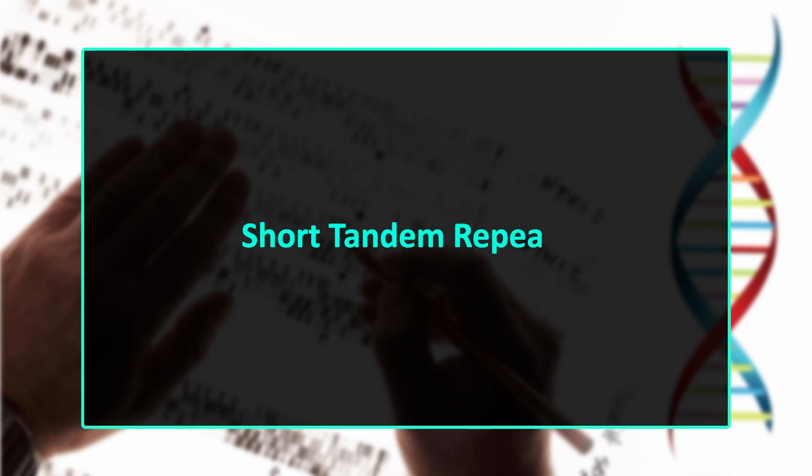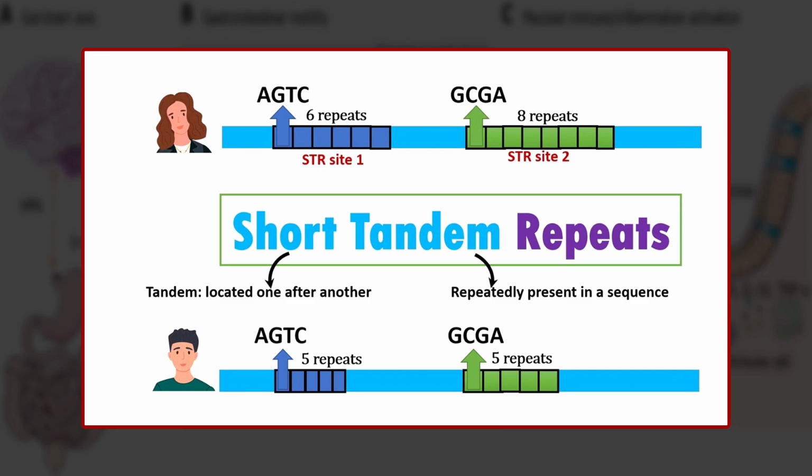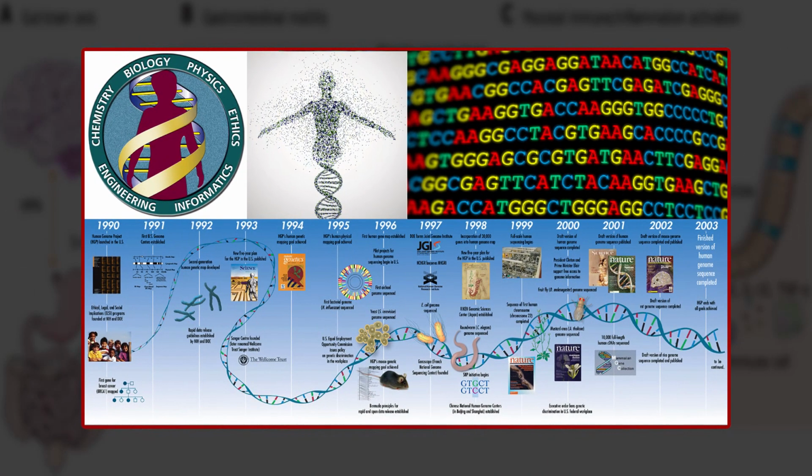Dear students, let's now discuss the short tandem repeats. Short tandem repeats or STRs are very short stretches of DNA that are repeated back to back at various locations throughout the human genome. Typically, the repeating sequence is just 2, 3 or 4 base pairs in length, and the number of copies found back to back is variable across a wide range.